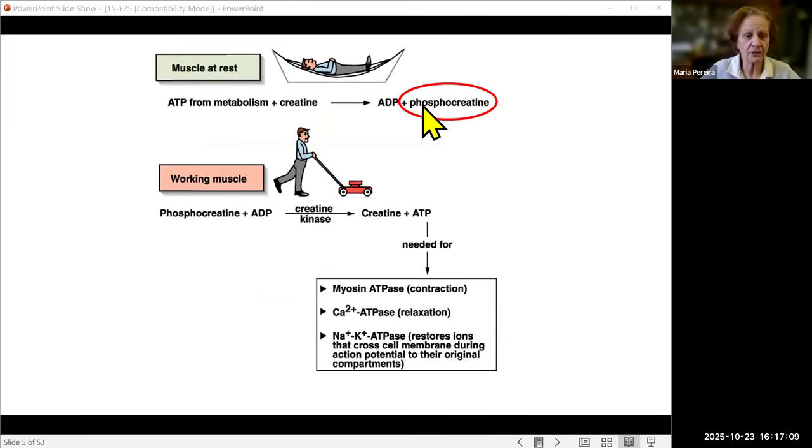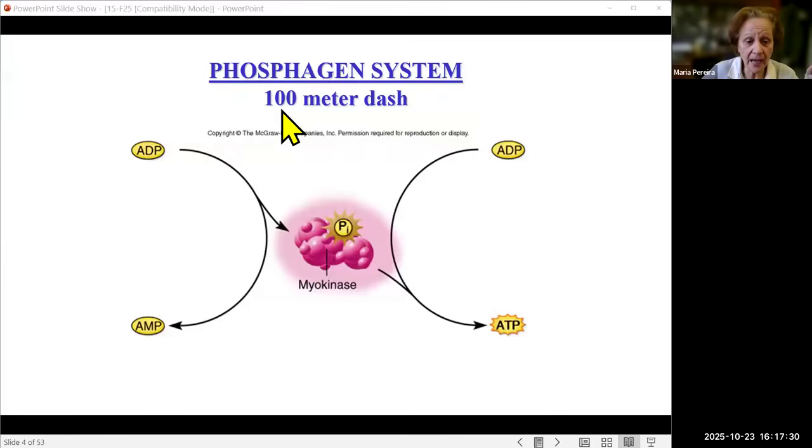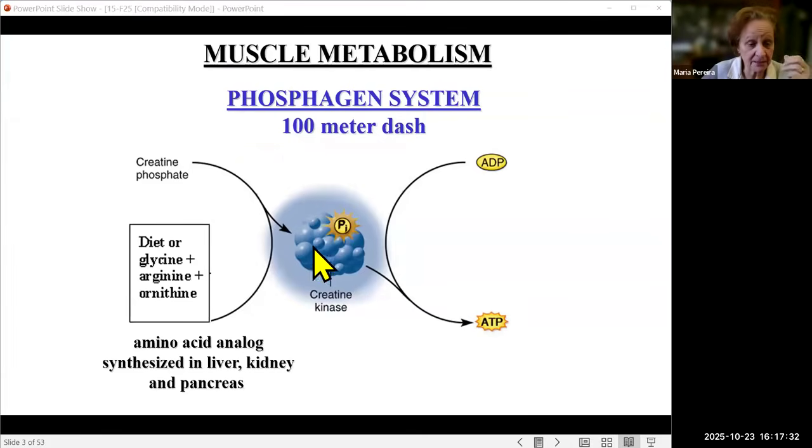Okay, so let's say when you're at rest, what happens? You've been doing a lot of exercise, using a lot of ATP, and now you're resting. So you have to generate a reserve of mechanisms to produce ATP. The creatine that resulted from the action of creatine kinase is going to be phosphorylated again.